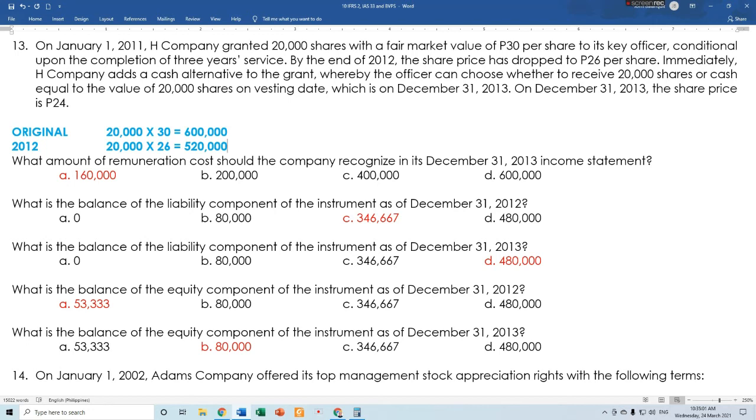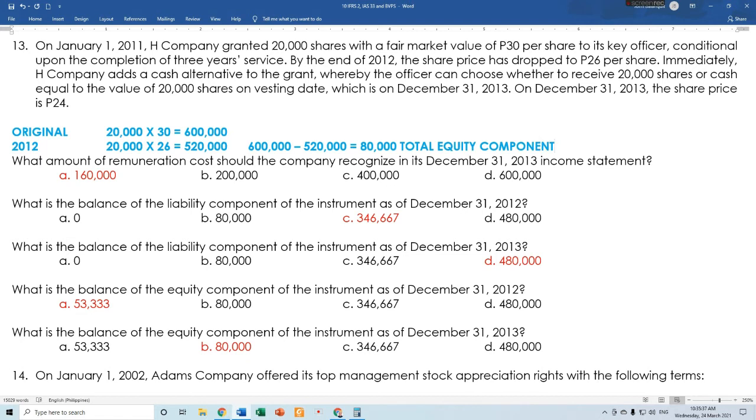So, in this case, for 2012, dahil 520,000 na yan, with the original na 600,000, the difference na 80,000, parang ang mangyari dyan, 600,000 original minus the 520,000 na value ng cash option kung ngayon na siya, the equity portion will be 80,000. So 80,000 is going to be the total equity component.